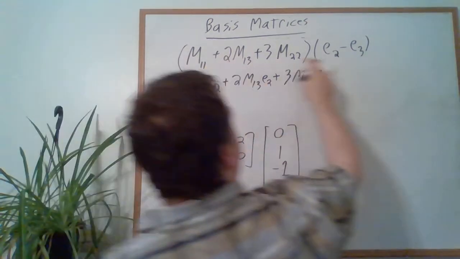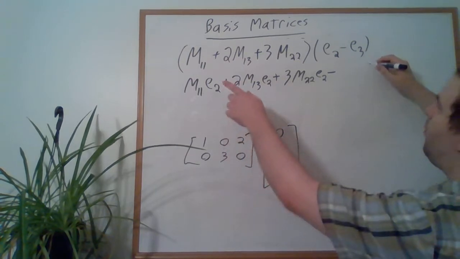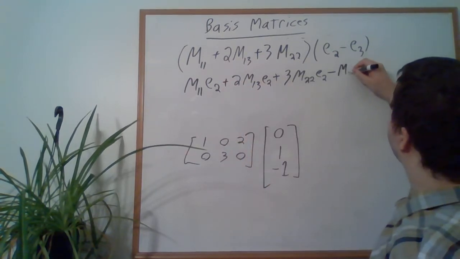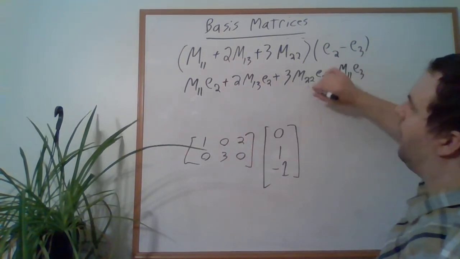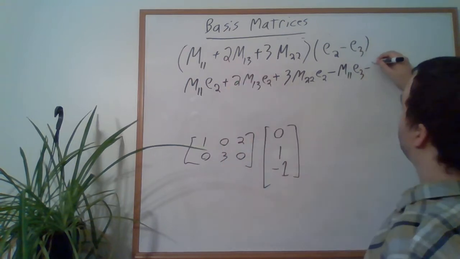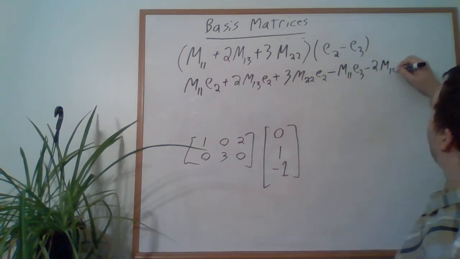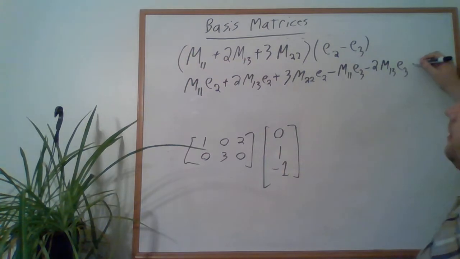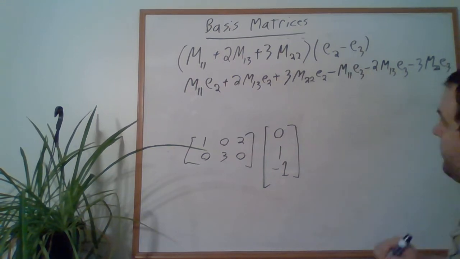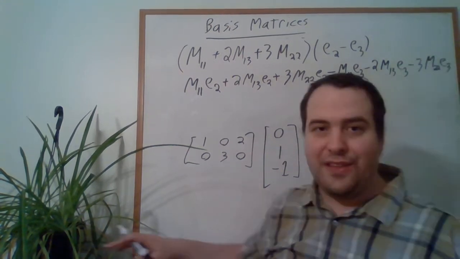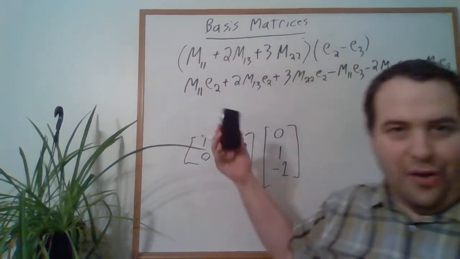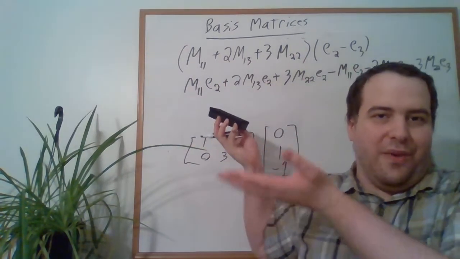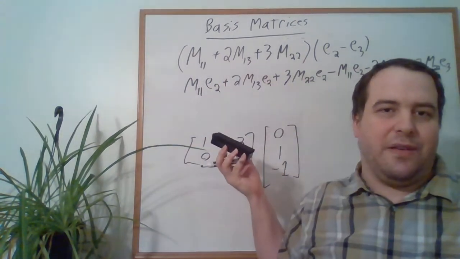And then we have minus M11 times E3, minus 2 M13 times E3, minus 3 M22 times E3. And then we can just go through it, right? All we're doing is basic algebra. This is just distributivity.